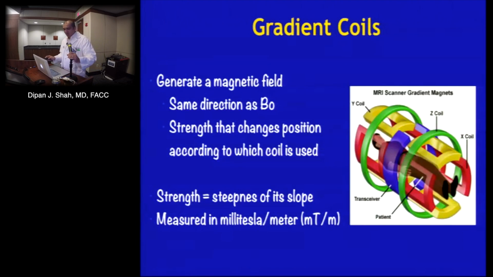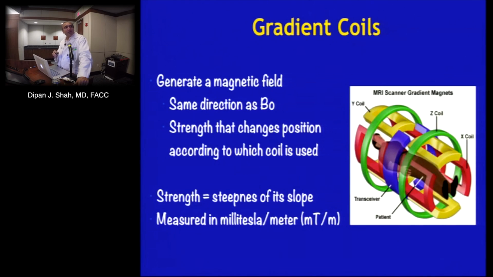Now, the other thing I talked about, remember, is that in addition to the magnetic field, there are these gradient coils that cause a slight distortion to the magnetic field, either to make it slightly stronger or slightly weaker at a given specific location.